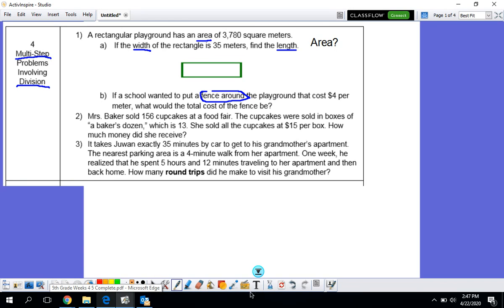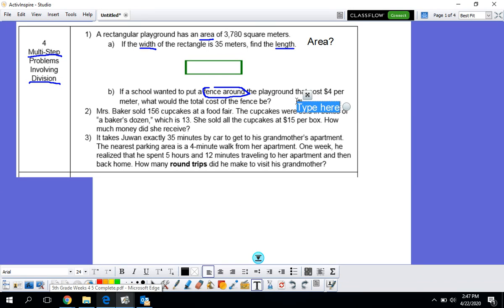Is this question going to be area, or is it going to be perimeter? That would be what I would think about for part B. So for number 1, when you submit it, I should have 1A, this is what I got, 1B, this is what I got, and this is how I solved it. All right, let's go to 2.